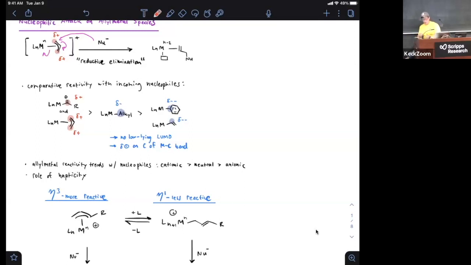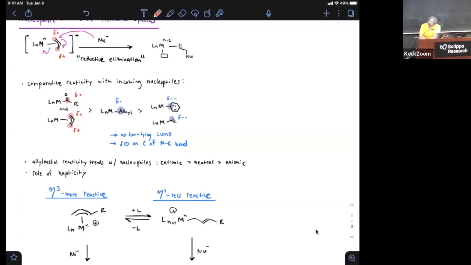That stands in contrast to alkyl metal species and aryl metal species, which do not have a low-lying LUMO on the organic group, and in fact have nucleophilic character more often than not. Now, alkyl is maybe an intermediate case because in our own work, we've shown that sometimes alkyl fragments can act as electrophiles in reductive elimination. But as a first pass approximation, you can think of these other species as polarized in a way that the organic fragment is nucleophilic, and that's not the case here.